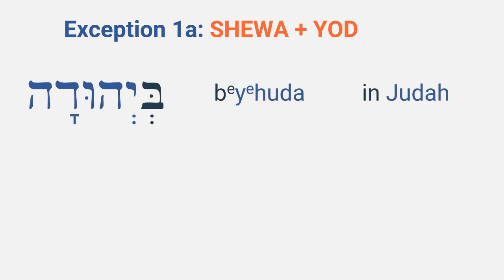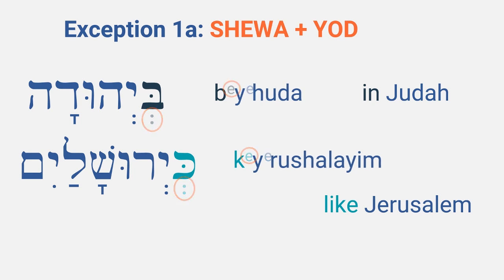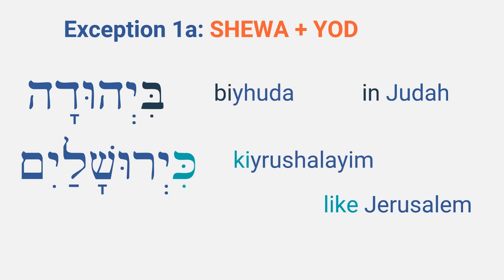The first step is the normal adding of the preposition, which in this case leads to Beyehuda, in Judah, and Keyerushalayim, like Jerusalem. Then we add the normal process of the first shewa changing into a hirek, and the second shewa becoming silent as a result.